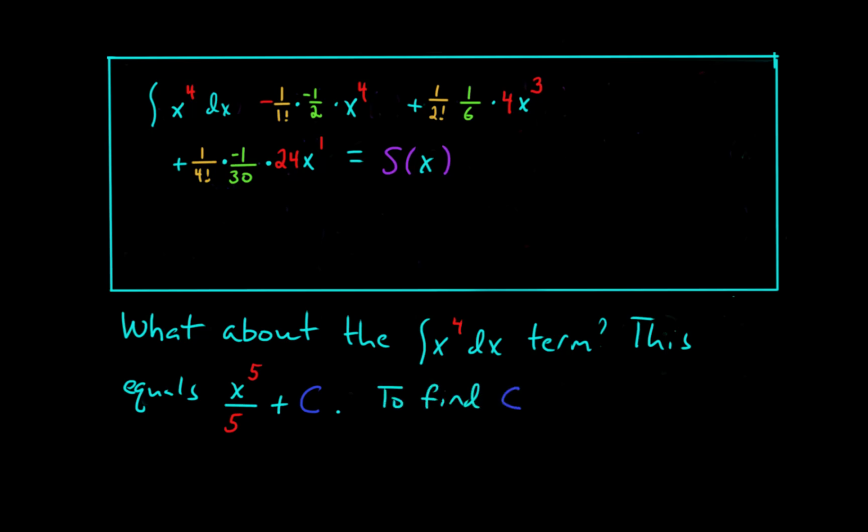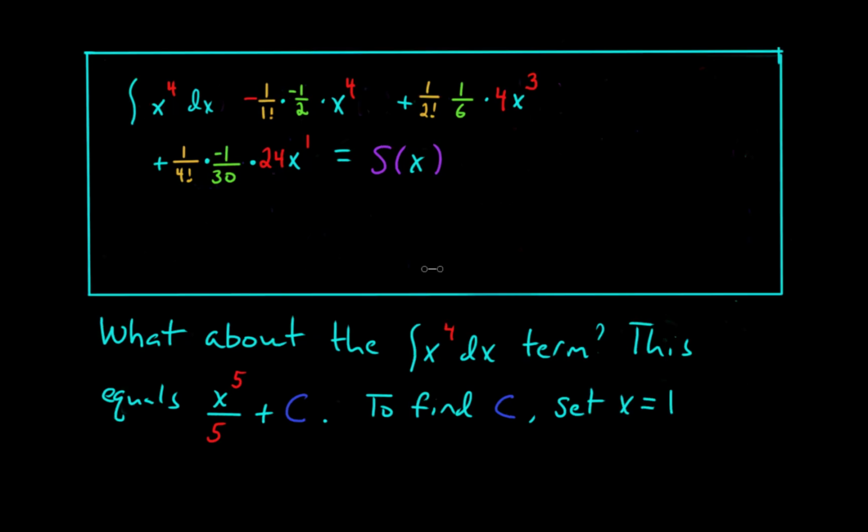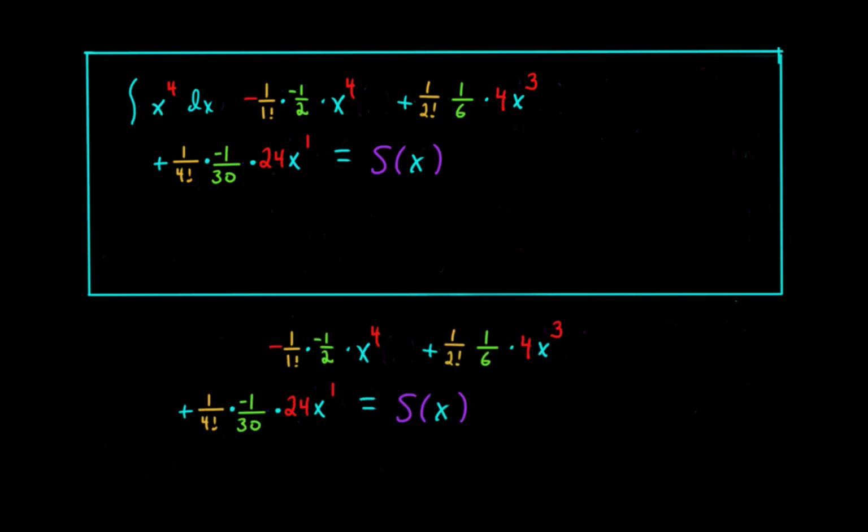To find c, we can set x equal to 1. Then s of 1 would just be the sum from k equals 1 to 1 of k to the 4th, which equals 1 to the 4th, which equals 1. So my integral of x to the 4th dx equals x to the 5th over 5 plus c.